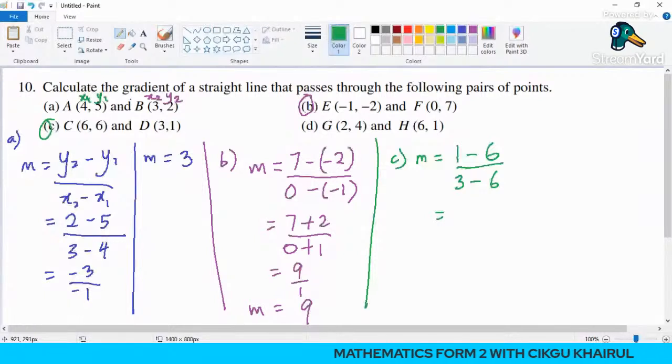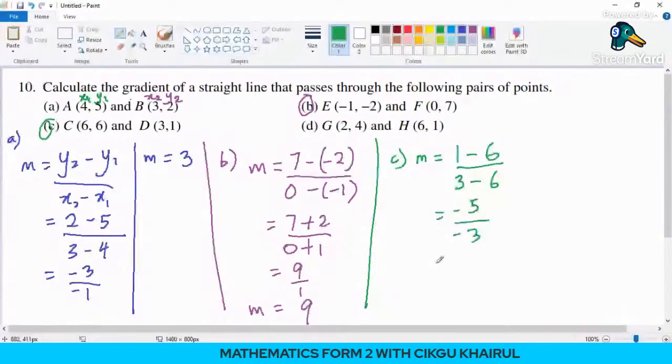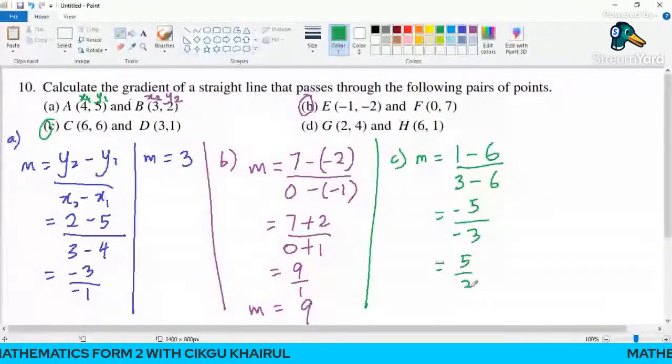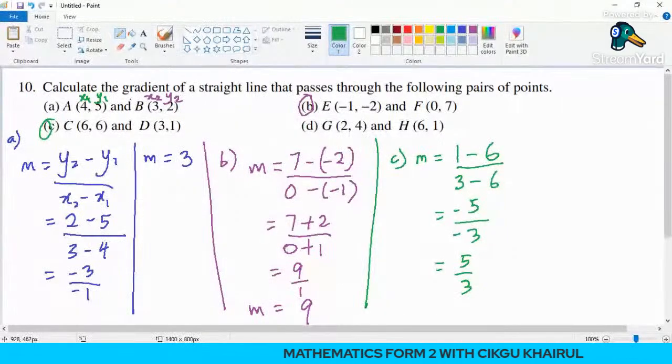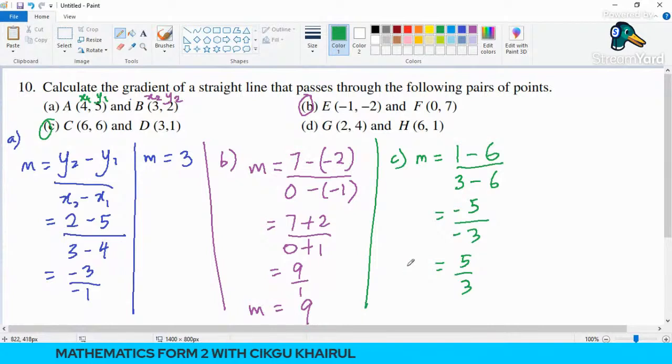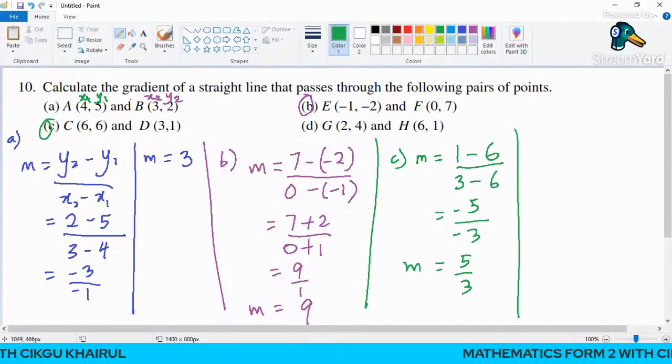Negative divide negative positive, so the answer will be 5 over 3. So just leave your answer like that, 5 over 3. No need to change to 1 and 2 over 3. No need to change to mixed number. Do not write answer in decimals. So just write your final answer as m equal to 5 over 3. Stop here. Enough already. Okay, we have one more question.